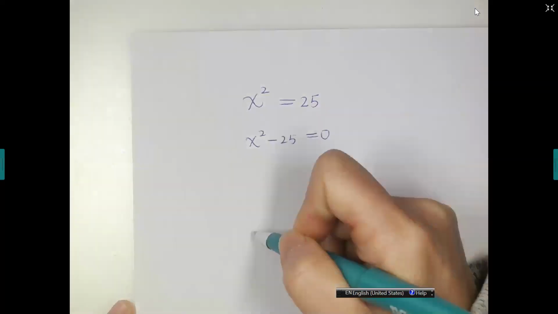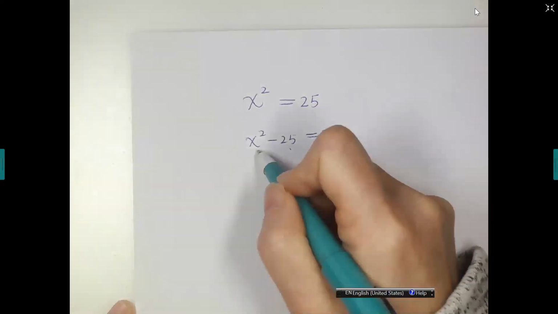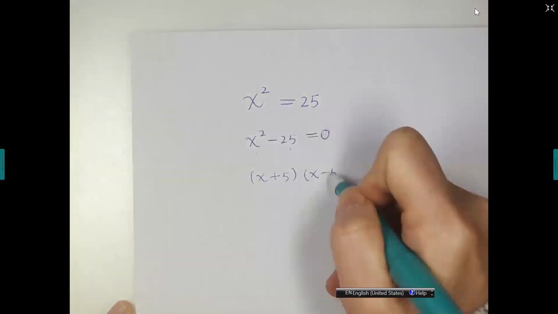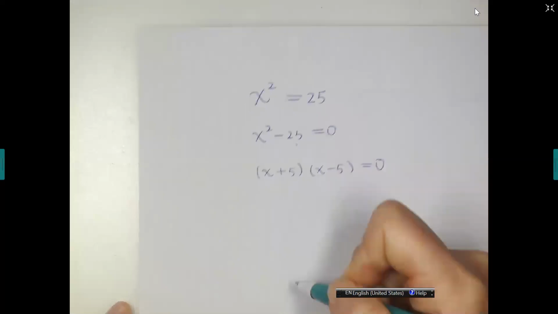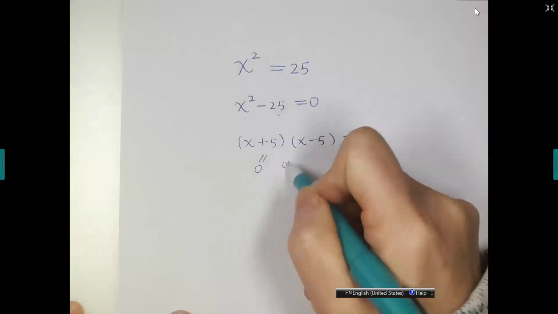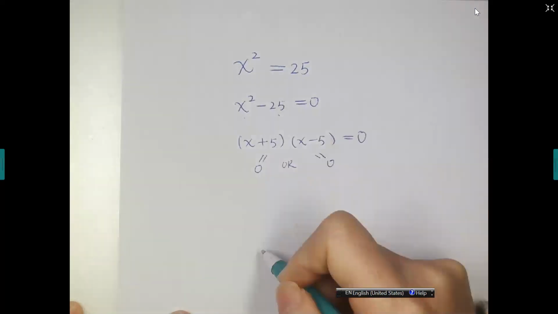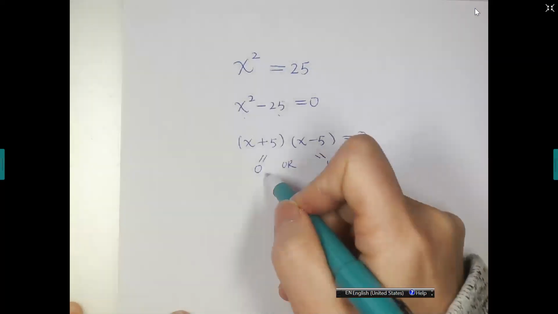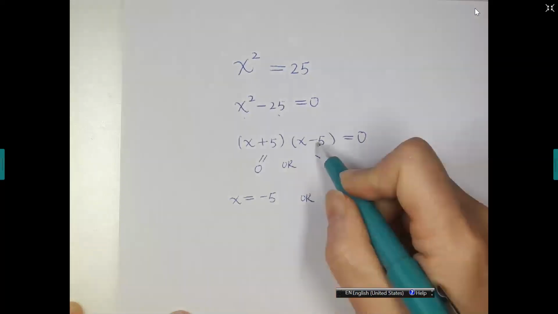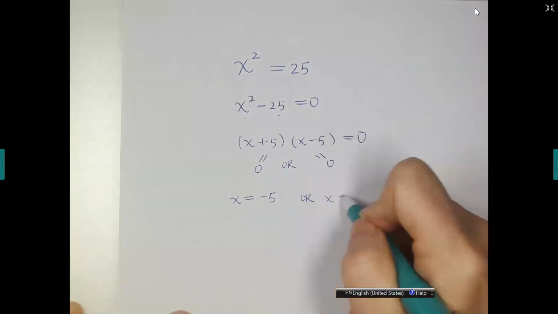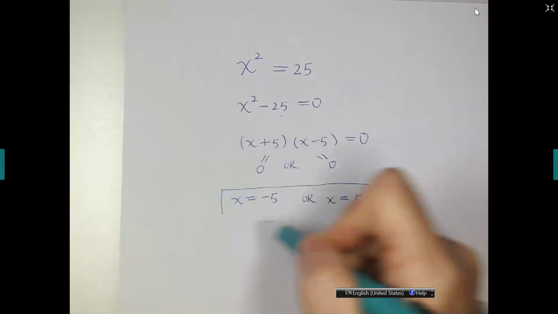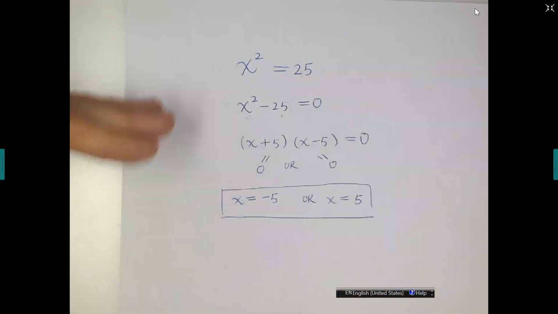And then we can factor it. Factor the left side, a square minus a square. Then we get x plus 5 times x minus 5 equals 0. When we got the product equals 0, we let each factor be 0. So x plus 5 equals 0 or x minus 5 equals 0. And from x plus 5 equals 0, we get x equals negative 5. Or x minus 5 equals 0, we get x equals positive 5. Okay, so those are the two solutions for this quadratic equation. This is what we did before.